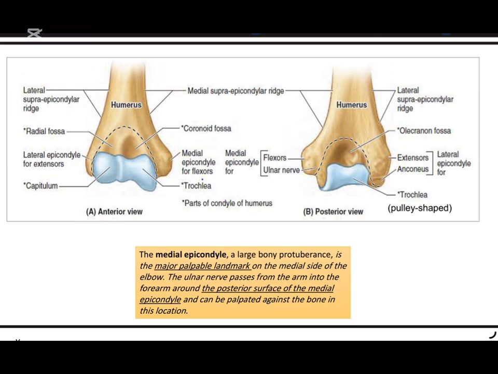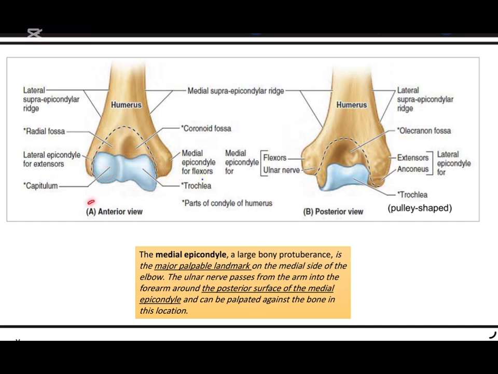All of these are sites of attachment of muscles. We will talk about them later. So I have the medial and lateral supraepicondylar ridges, the medial and lateral epicondyles, and here the trochlea and the capitulum. This is the anterior view.